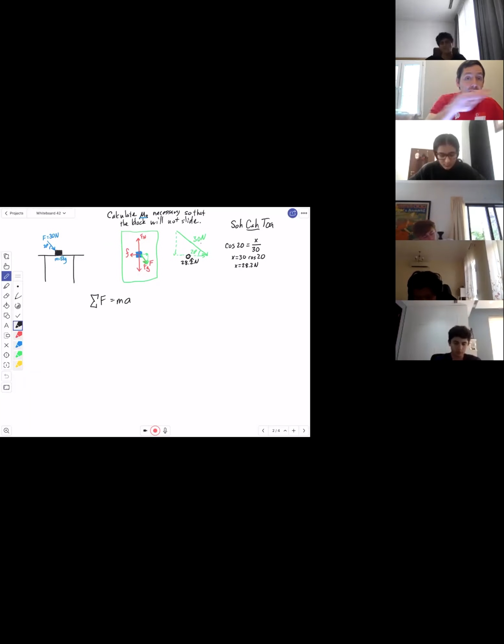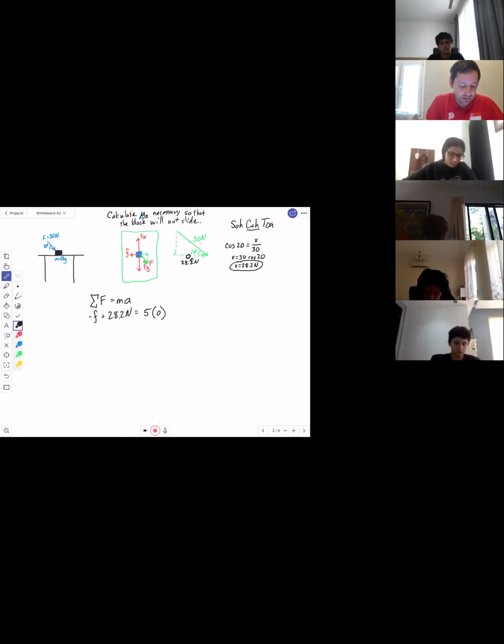So the horizontal forces here are friction, which goes to the left, so I'm going to put negative friction, and then the force that we just found, the horizontal piece of my force pushing down on the block, which is plus 28.2, equals mass, which was given to us, 5 kilograms, times the acceleration, which we said we wanted to stay at rest.